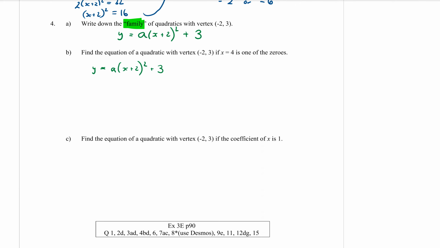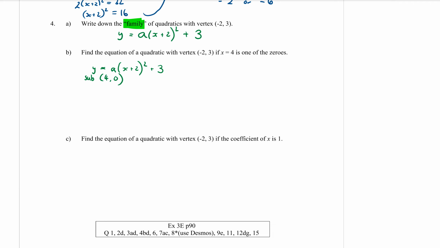That extra bit of information is telling me that if x equals 4 is a zero, that means it's an x-intercept. Remember when we said zeros mean the same thing as intercepts? We talked about that last lesson, I think it was. So I can substitute that as a point. x is going to be 4 and y is going to be 0.